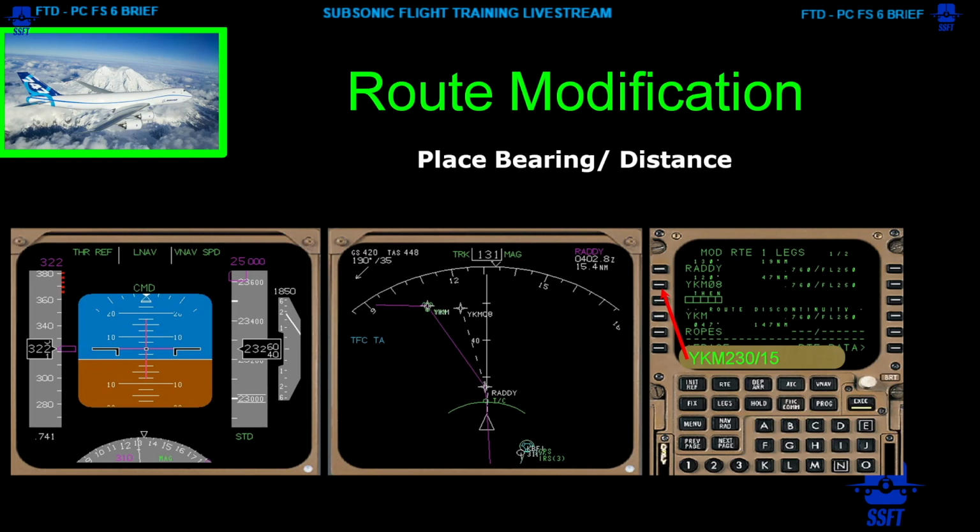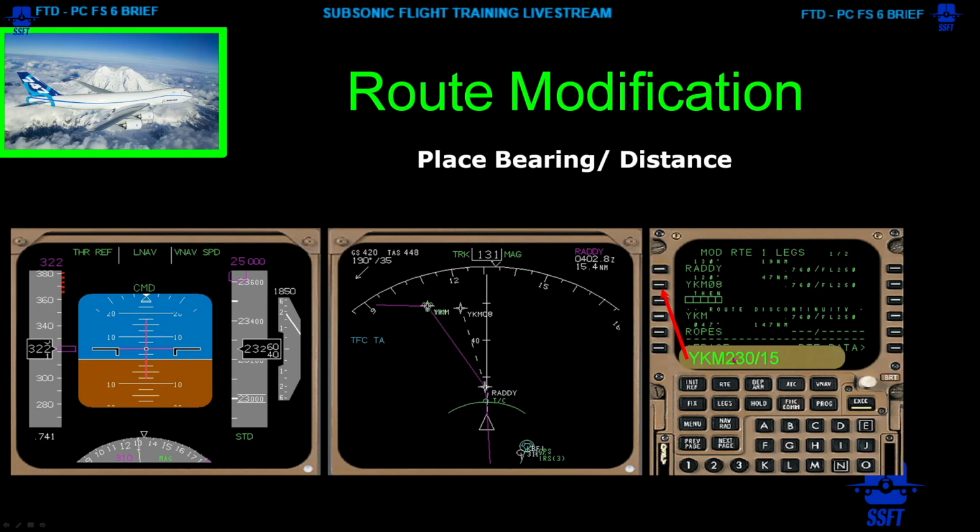In our case, it'll probably call it Yakima 01 because it'll be the first created waypoint in Route 1. And so it goes in there as a 5-character identifier. And if you're not sure what that is, you could always line select it back to the scratch pad, and it'll come back to the scratch pad as a place, bearing, distance, but it'll be in tenths of a degree and tenths of a mile.